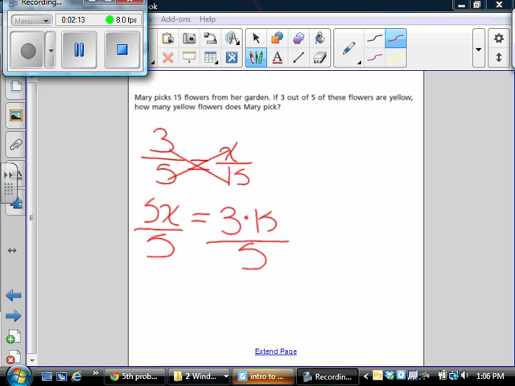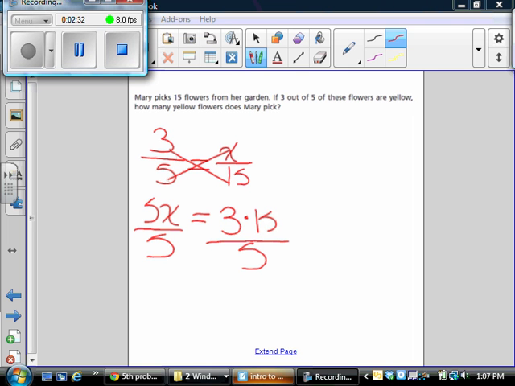Sounds good. So then I multiply 3 times 15, which gives me 45, over 5, and x, 5x over 5.